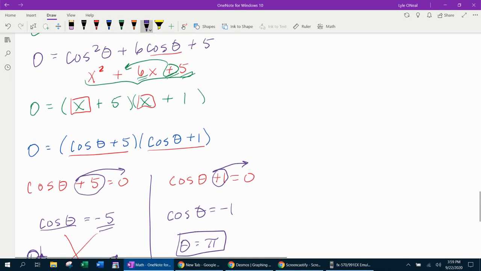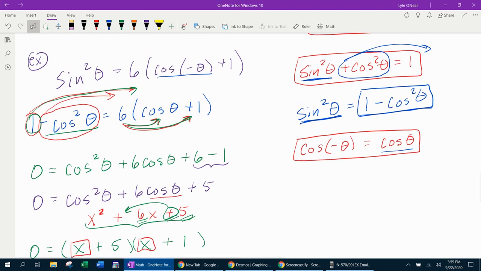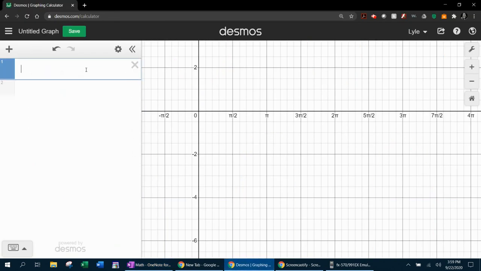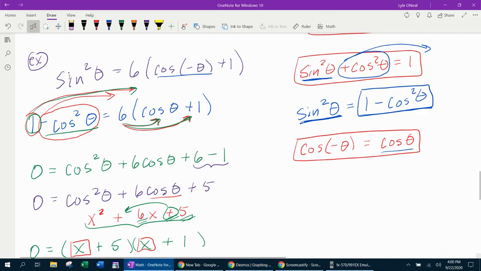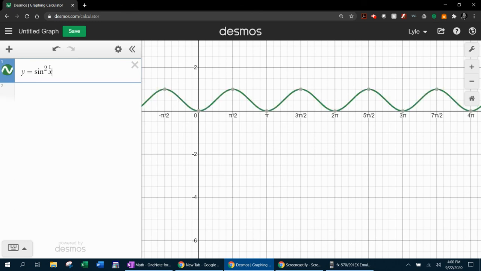And I can verify that that is the only valid solution with DESMOS, okay? So strap in. This is the last thing we're going to look at. We're going to put sine squared theta, the left-hand side, in for one equation. Y equals sine squared theta, or x.